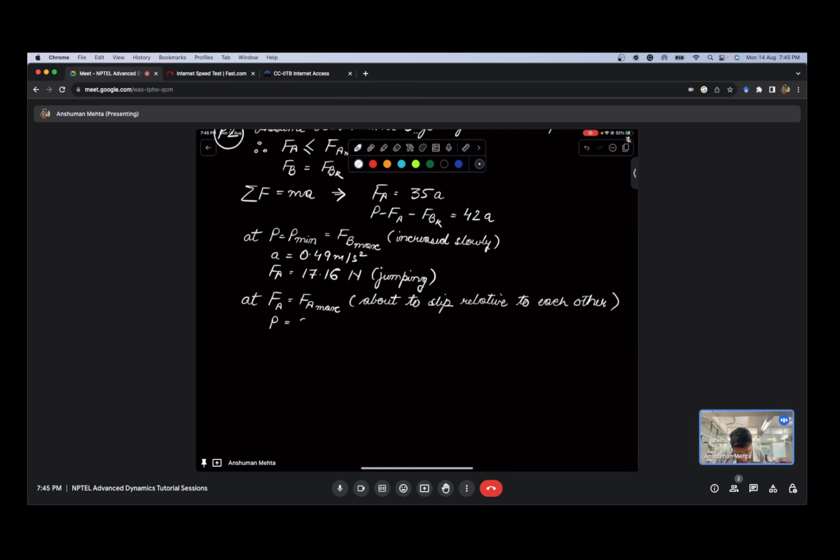P is equal to 226.6 Newton and A then becomes 1.962 meter per second square.